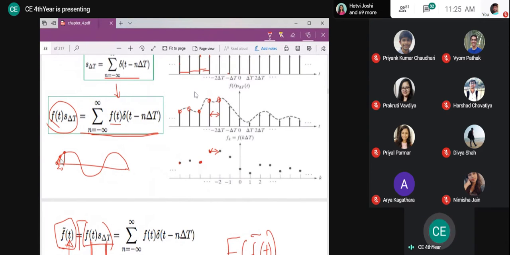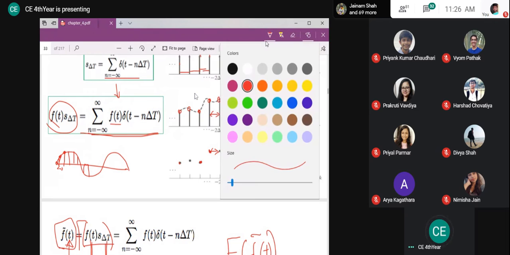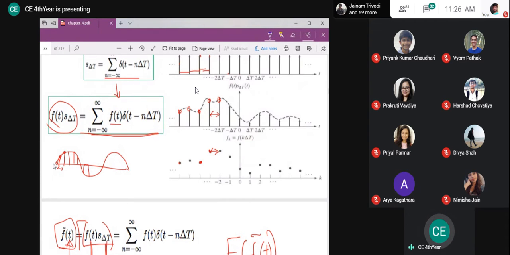If I am having this type of sampling, then it is better, that is good, right? By delta t, you can see this much is delta t. Another way is, suppose I am reducing delta t further, because I know that I want delta t as small as possible.